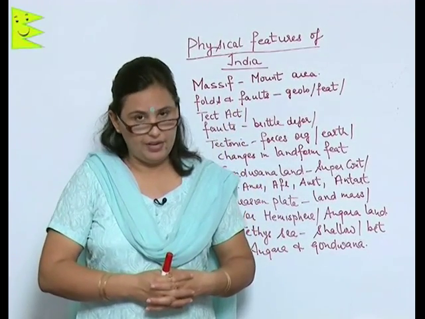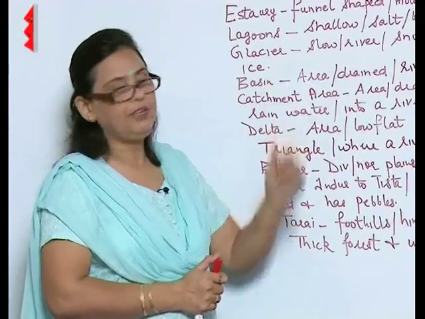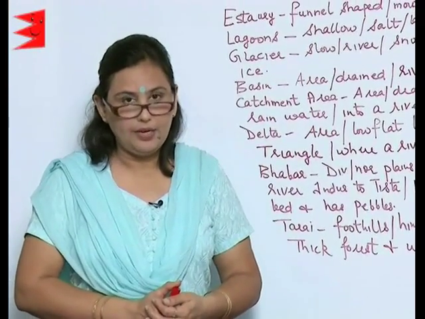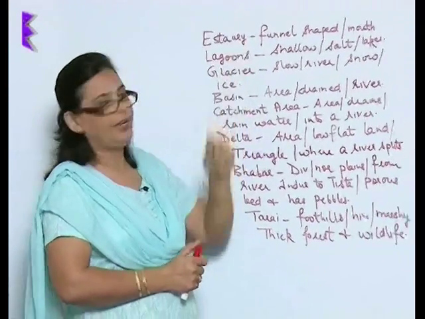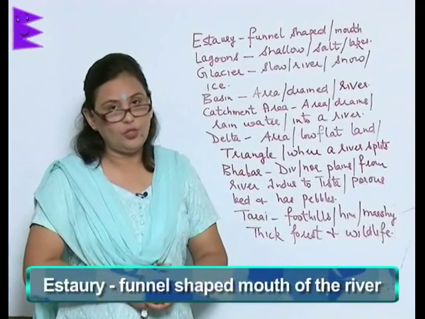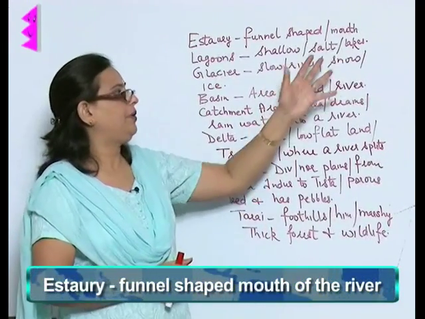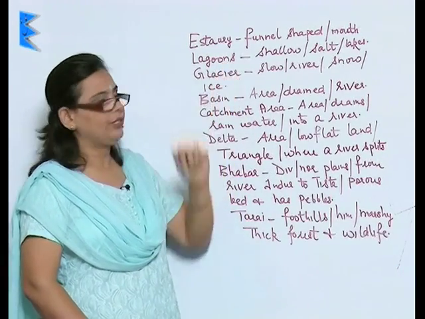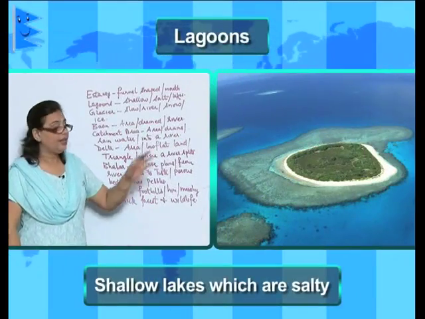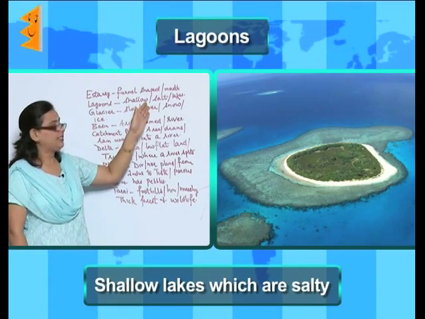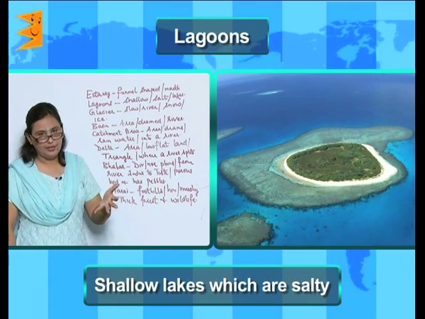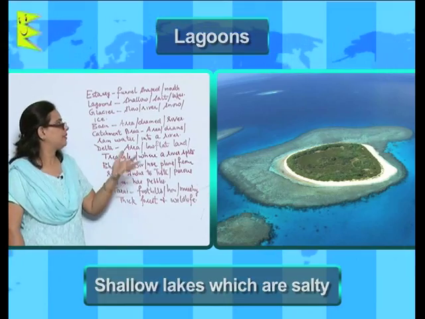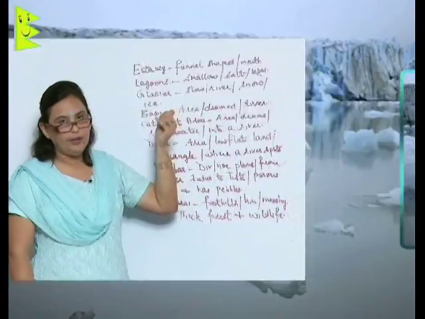So, slowly we are becoming familiar with the terms and concepts that are going to make changes in the relief features of India. Continuing with the terms and concepts, the next one is estuary. Estuary is actually a funnel shaped mouth of the river. Then we have lagoons. Lagoons are shallow lakes which are salty. Glacier.